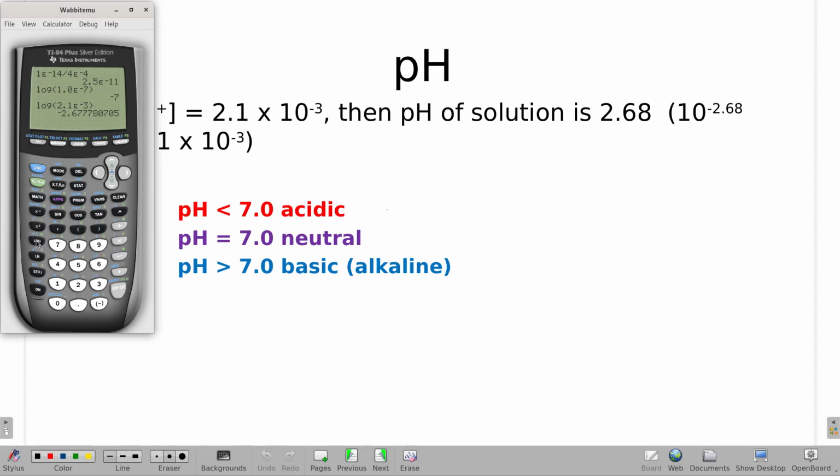If I hit secondary log, and then type in negative 2.68, I get pretty much the exact same number, 2.1 times 10 to the negative 3rd.